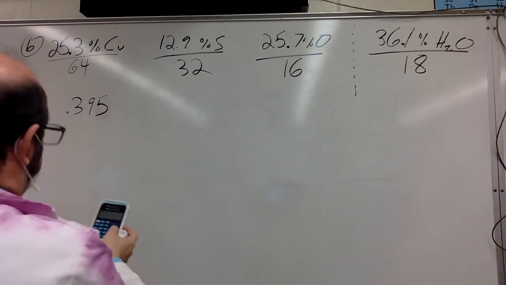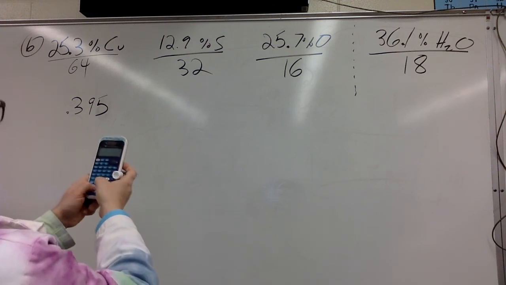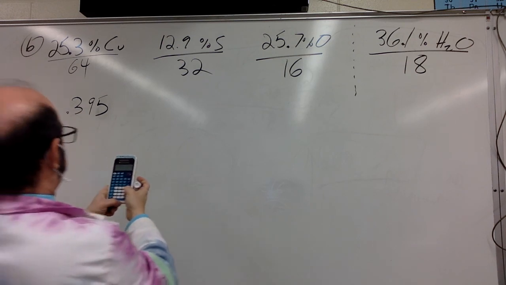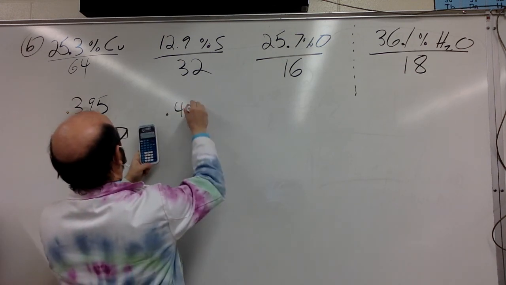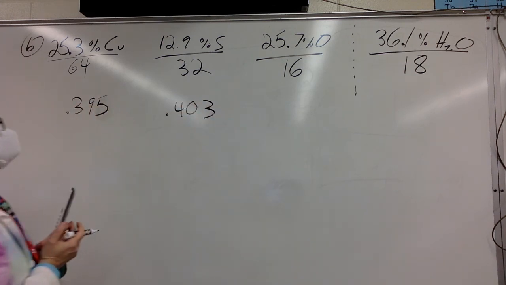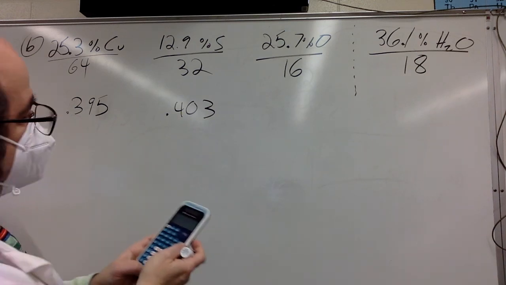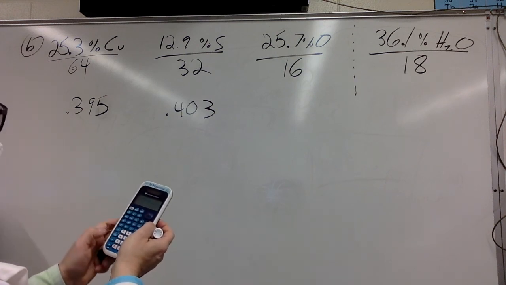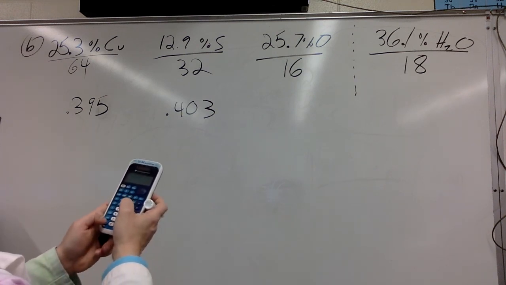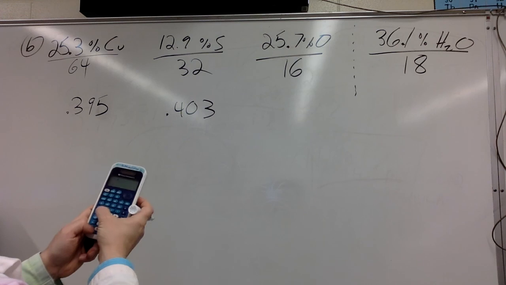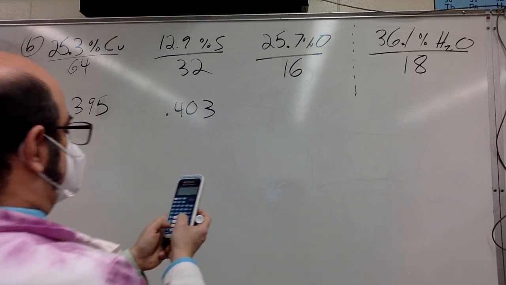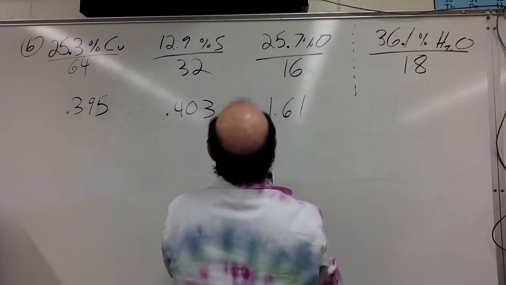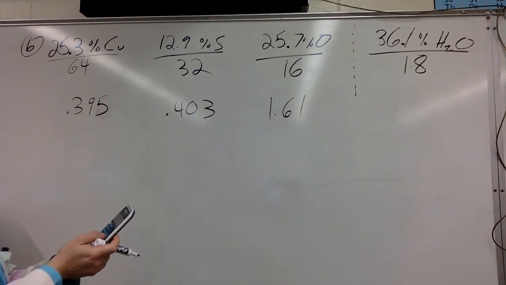We don't have to write anything down. Looking for the numbers for now. 12.9 divided by 32 gives us 0.403. They look like they're the same number, don't they? Mr. G, one's a 0.3 and one's a point. They're the same number. 25.7 divided by 16 equals 1.61. Oh, that's definitely not the same number.